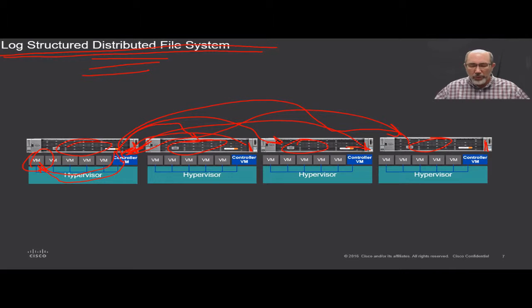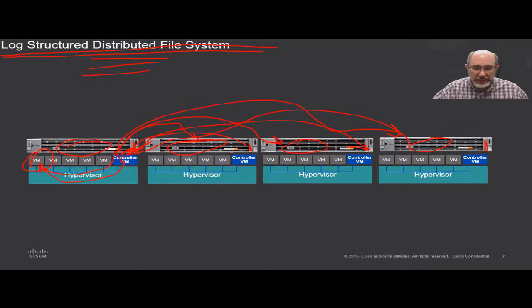And that's really where HyperFlex shines, in that you get very consistent performance and very low latency with very high throughput and I/O performance. So those are all things that are very important in a modern storage subsystem. And we do it all with ease of use as well, which we'll talk about in one of the other videos that I'll be making.